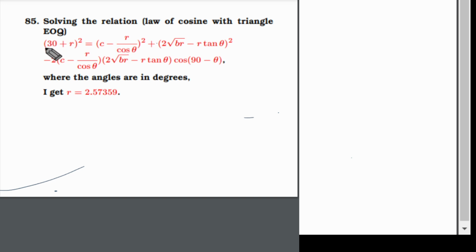You have the equation: 30 plus R squared equals C minus R over cosine theta squared plus 2 root BR minus R tangent theta squared minus 2 times each side times cosine of 90 minus theta. I explained that just before, right?